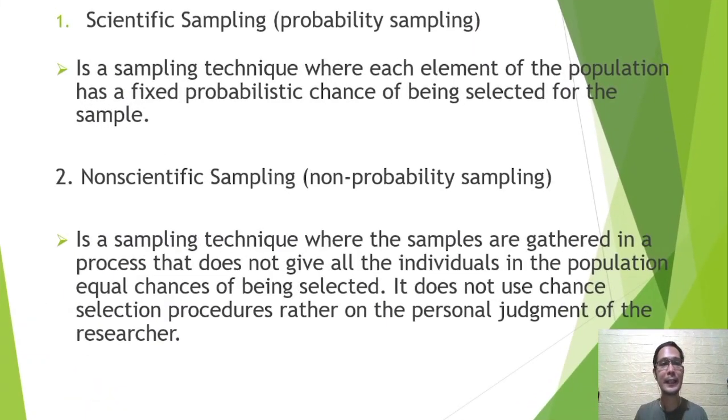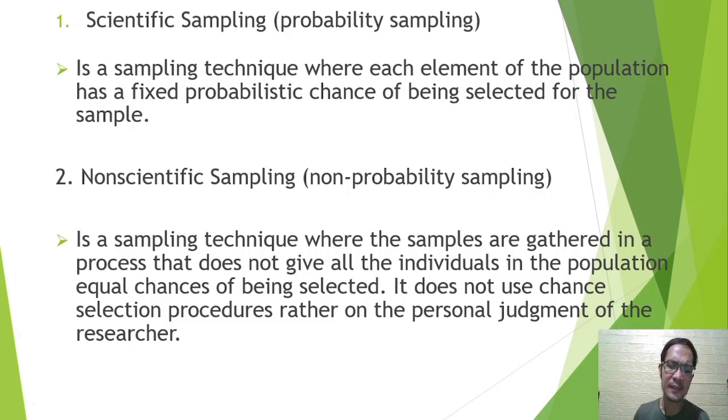Now, there are techniques of sampling. We have the probability sampling, or what we also call scientific sampling, and we have the non-probability sampling or the non-scientific sampling. So what is the difference between the two? Scientific sampling is a sampling technique where each element of the population has a fixed probabilistic chance of being selected for the sample.